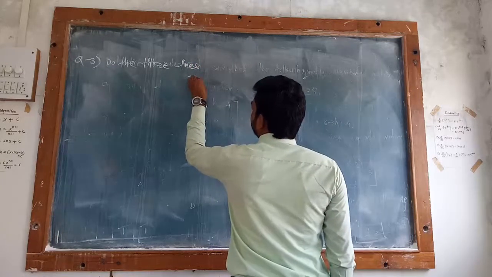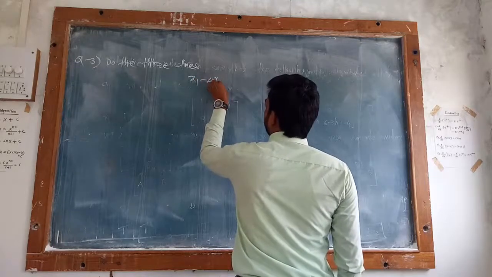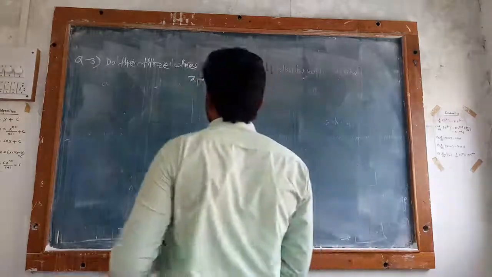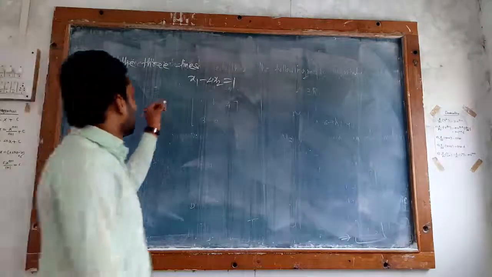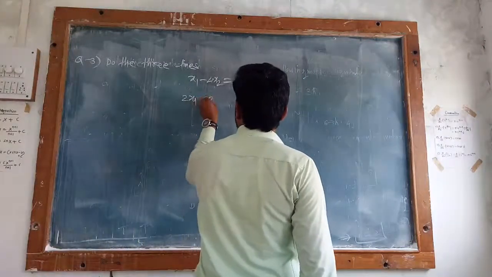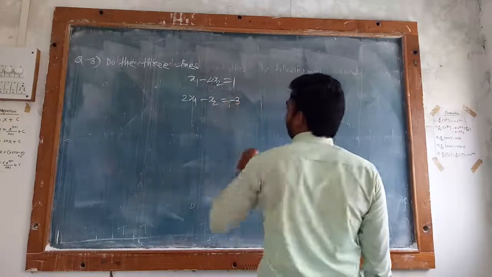The first equation is x1 minus 4x2 equals 1. The second equation is 2x1 minus x2 equals minus 3.